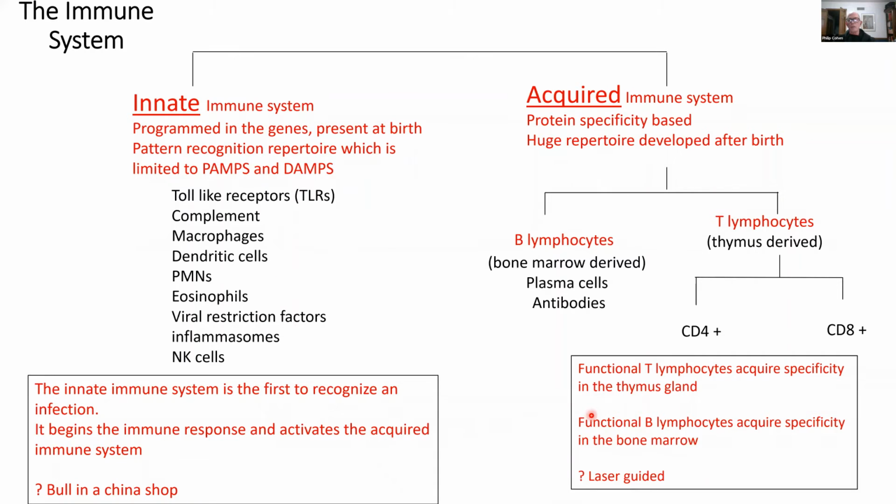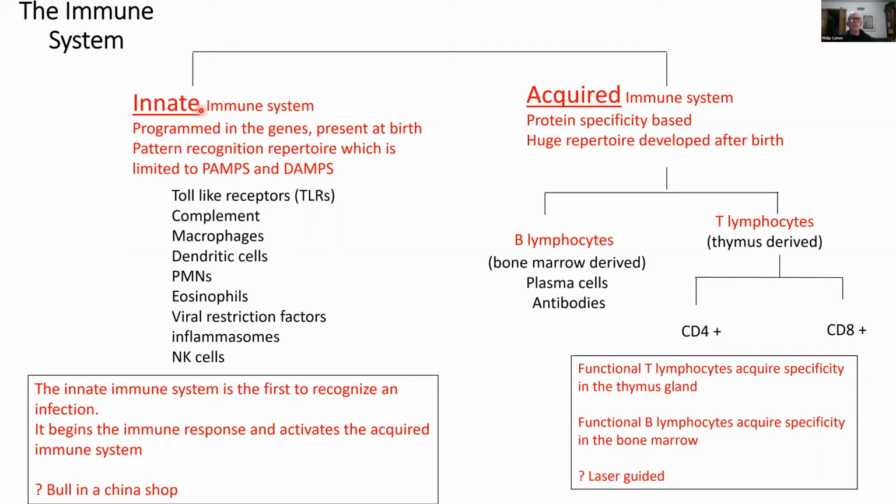Okay, so this is a way of classifying the immune system into what's called the innate immune system. This is a system that we are born with. It is programmed into our genes.